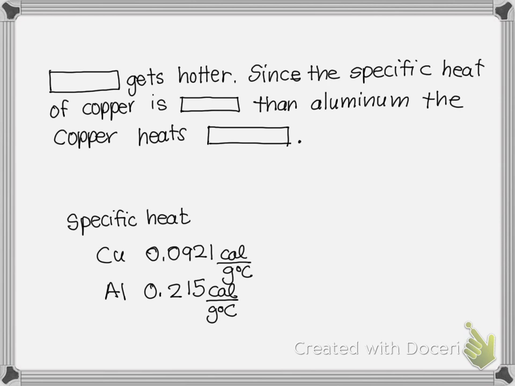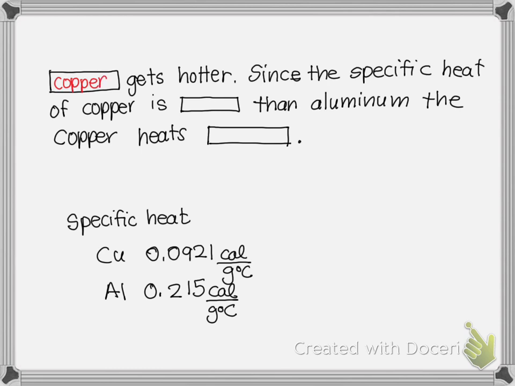So in the description of this problem, they basically say, okay, we're giving you the same amounts of the metal. They're starting at the same temperature. Which one's going to get hotter? We're going to apply the same amount of energy. So in this case, in my two examples, copper is going to get hotter. Why?